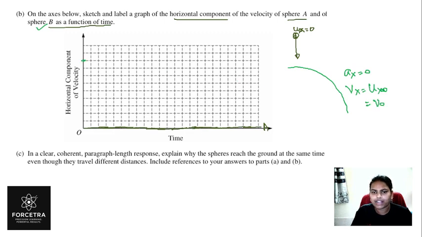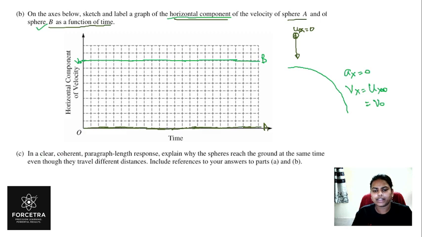Because the scale value is not given, I can write it as v naught, and this is also a constant line because it is not changing with time. Okay, got my point? So this is the line for B, because we only have to draw the horizontal component, that's why it is a straight line. Okay. Let's move to the next part.